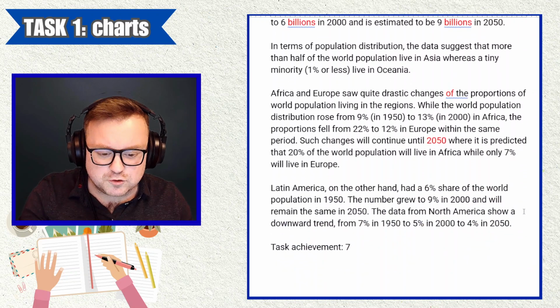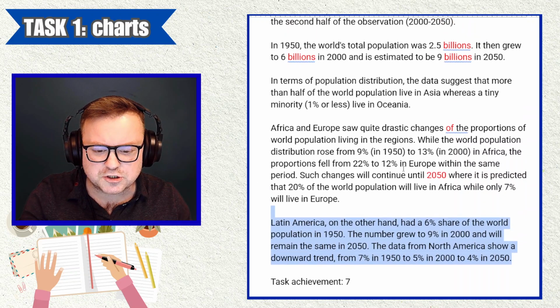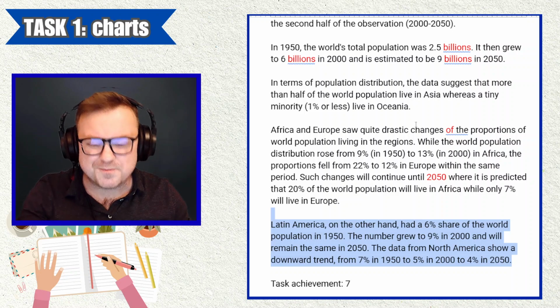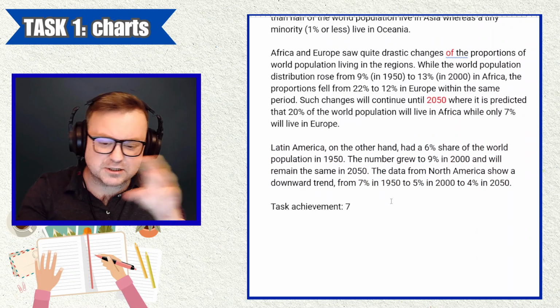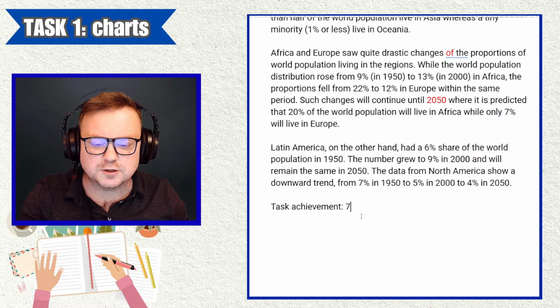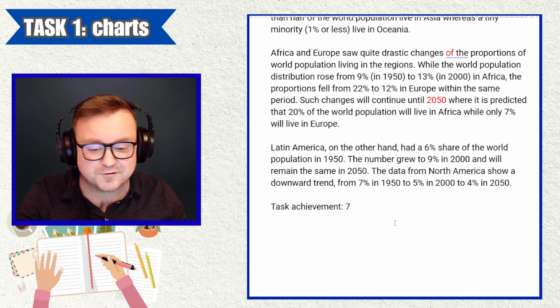So if you just shred this down, maybe forget about Latin America, you don't need to mention it, and just choose to focus on two main key features. You might have small passing references to the other parts. But if you do that, I think you could look at band 8, maybe even band 9 for task achievement, because the way that you present the information is great.